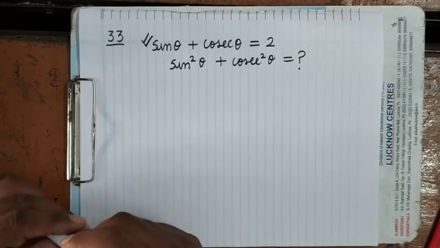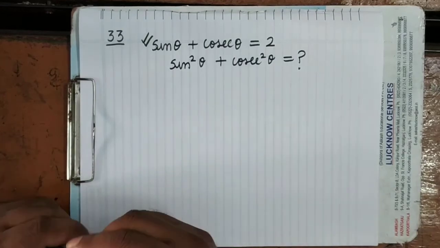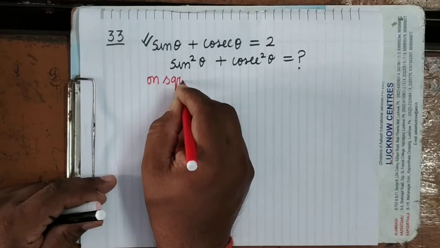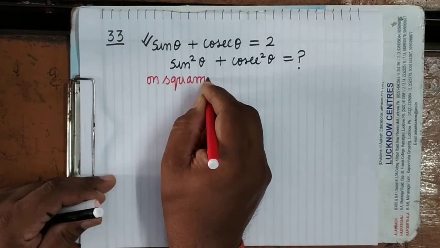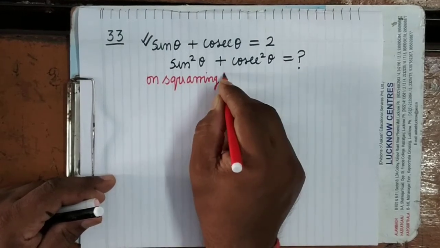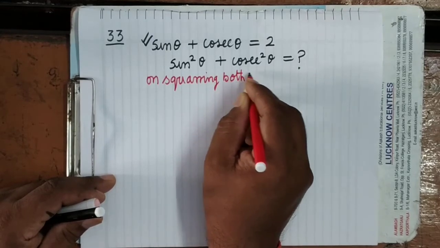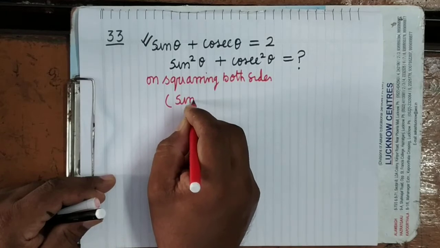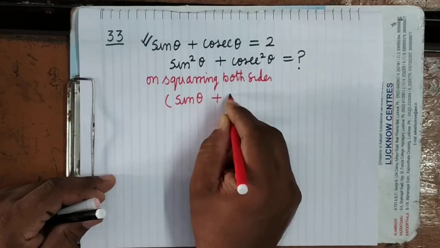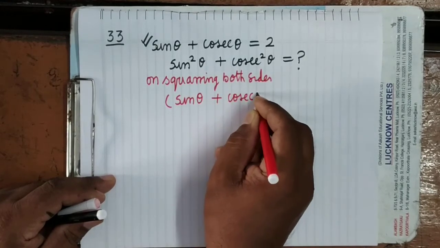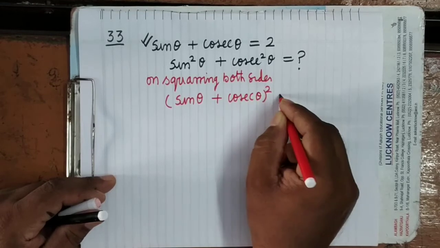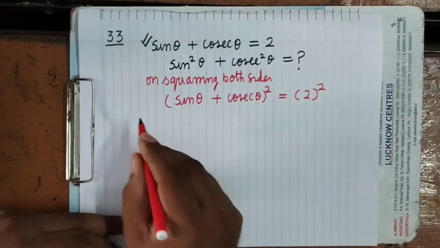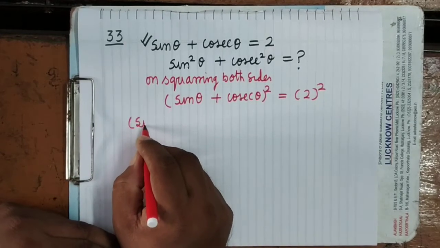So on squaring both sides, sin theta plus cosec theta whole square equals to 2 whole square. This can be opened by using a plus b whole square.